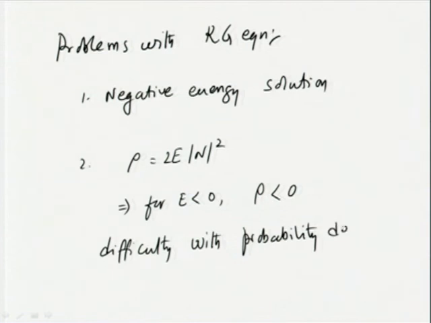We cannot have negative probabilities, which is physically not valid. So these two problems are to be addressed to understand relativistic dynamics of particles through the Klein-Gordon equation. We will come to how we actually address these questions in the next lecture.